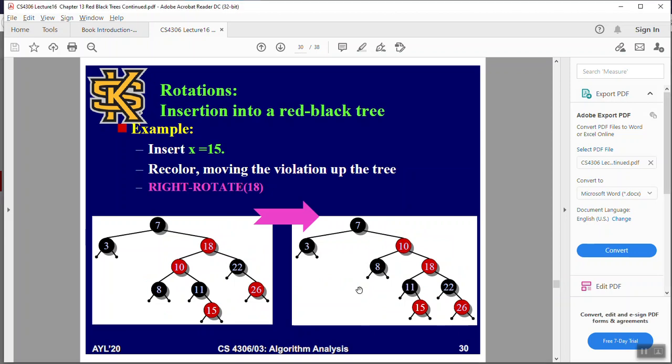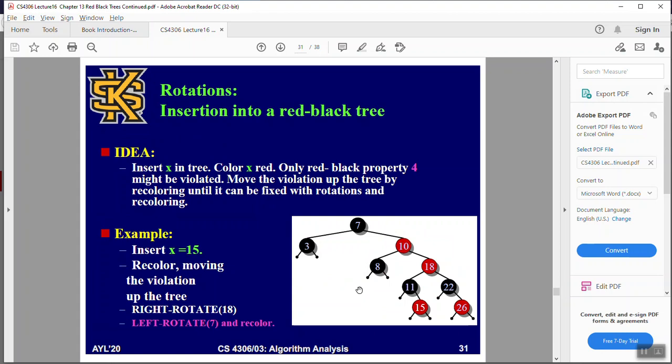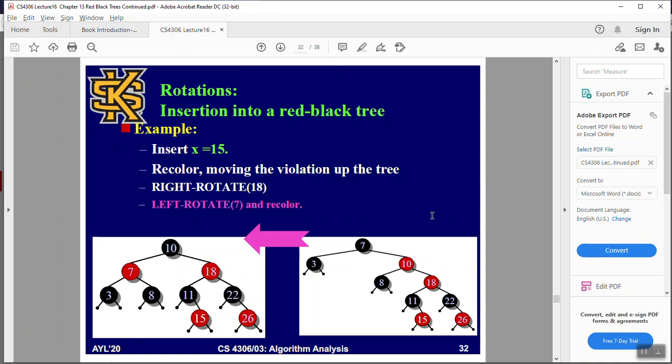So we are not done yet. Okay, and then what we need to do is move this up, and we need to rotate 7. Okay, we need to rotate 7, and then let us show how we do it initially.